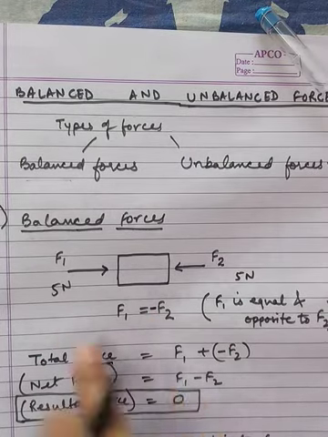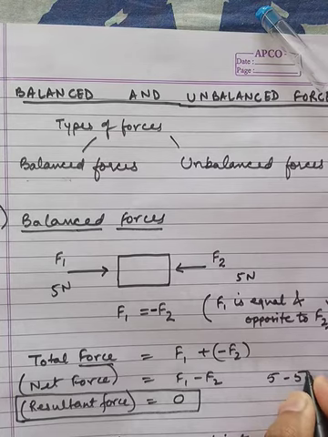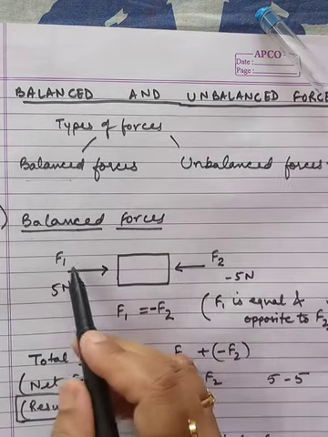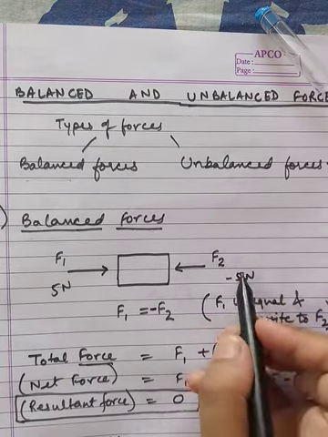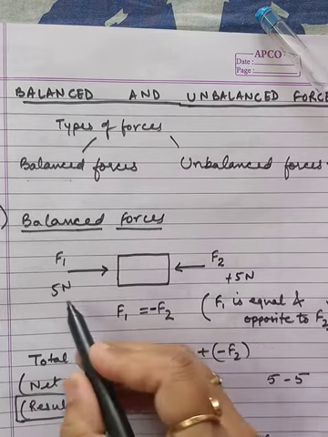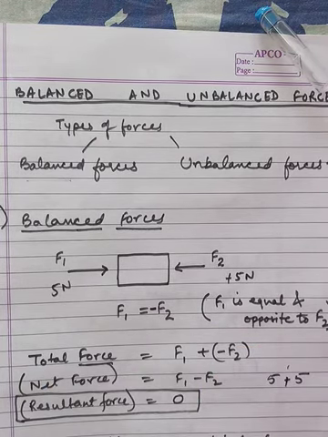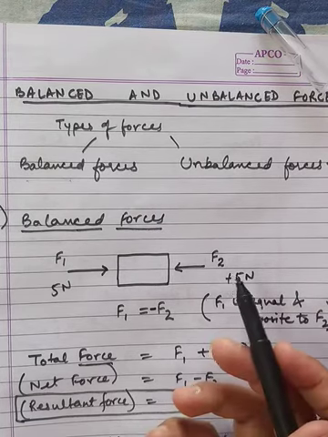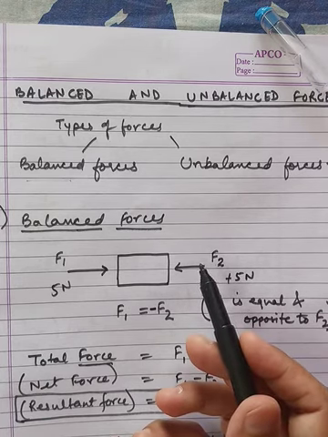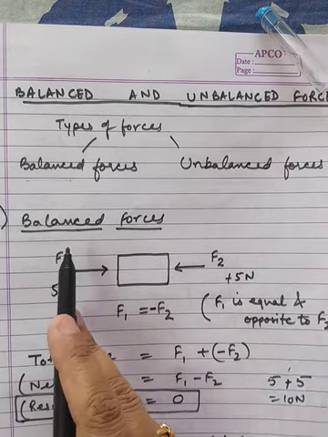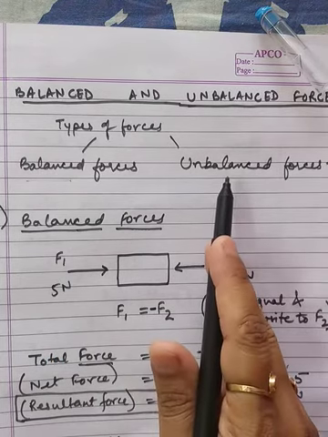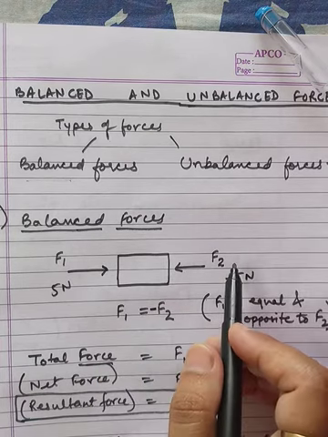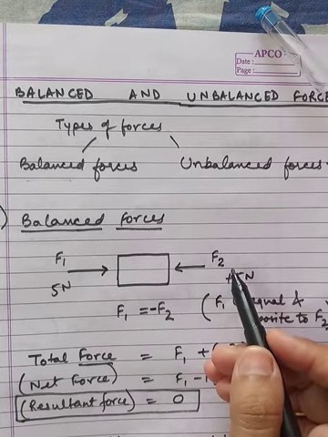In the opposite case it is 5 minus 5, but if F1 and F2 are in the same direction, it becomes plus, so 5 plus 5 is 10 Newton, which is not equal to 0. So those forces which do not cancel each other's effect are not balanced forces. Those are known as unbalanced forces, and because of them the object may move, that means it may change its state.